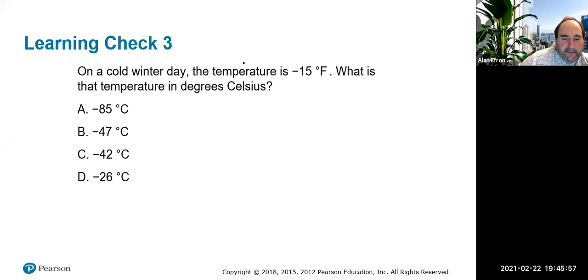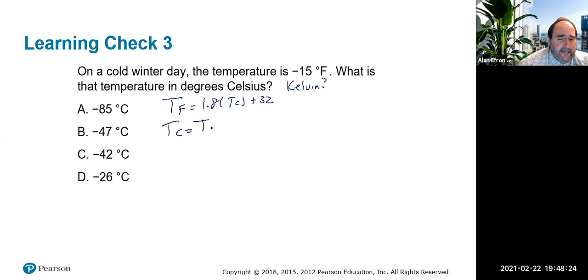Then let us take a look at this one. You want degrees Celsius, and why don't we also do Kelvin for this one? So take a minute or so. Okay, I see some answers coming in on the first part. So our temperature in Fahrenheit is 1.8 times our temperature in Celsius plus 32, which means our temperature in Celsius is the temperature in Fahrenheit minus 32 divided by 1.8.